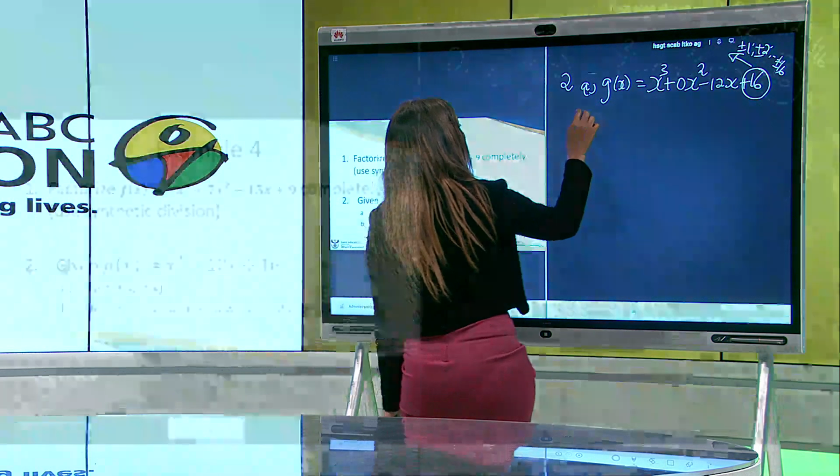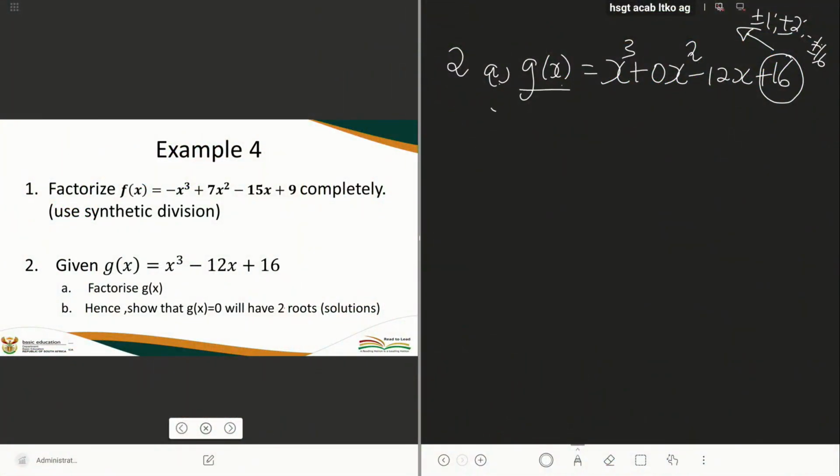Oh, in this case, we don't have f at x, you are given g at x. So our g at 2 gives us the remainder of 0. Therefore, it means x minus 2 is a factor of the polynomial.